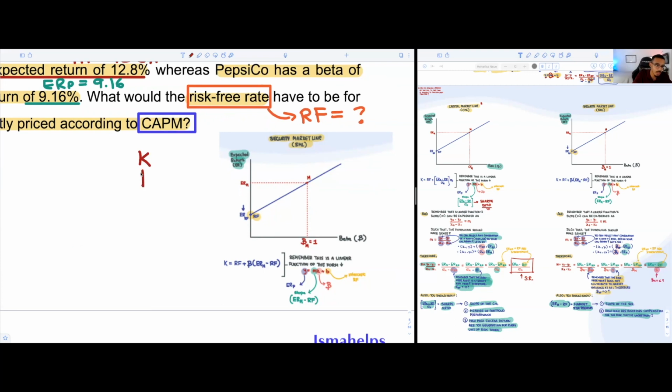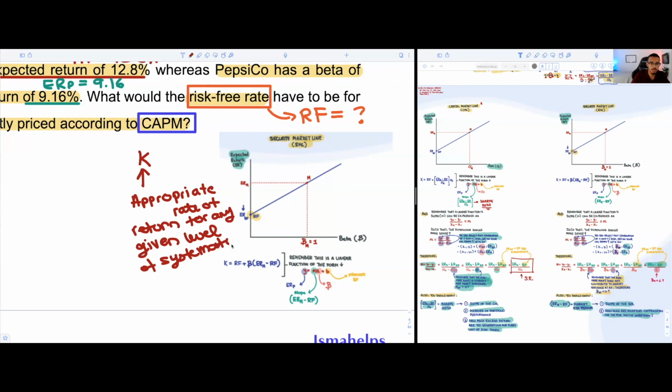According to the CAPM, K stands for the appropriate rate of return for any given level of systematic risk. Okay, that's what it stands for.